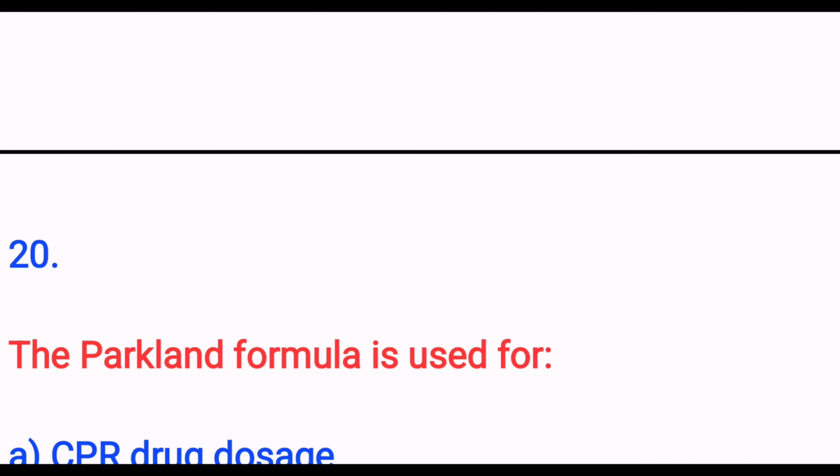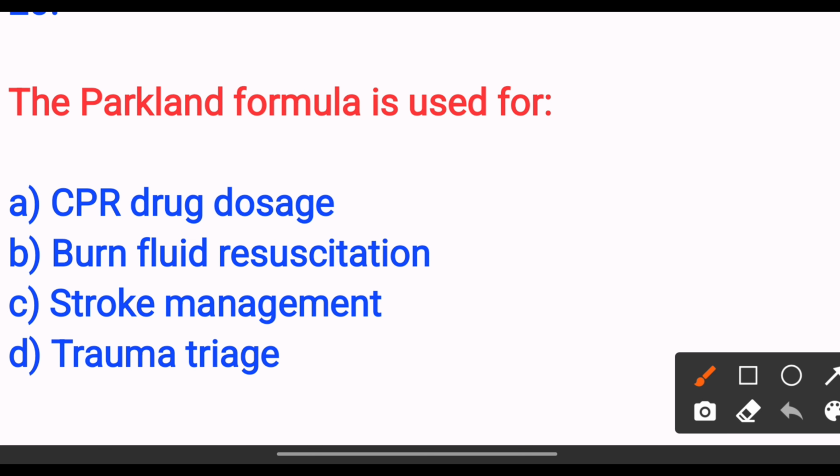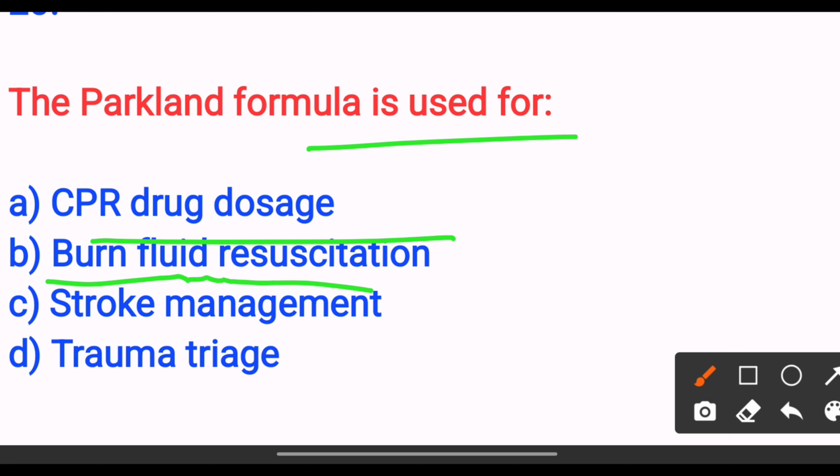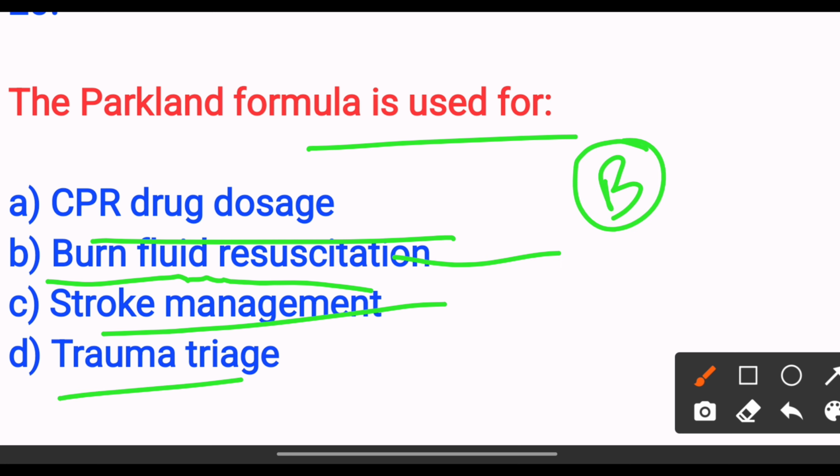Next, the Parkland formula is used for option A, CPR drug doses, option B, burn fluid resuscitation, option C, stroke management, option D, trauma triage. The answer is option B, burn fluid resuscitation.